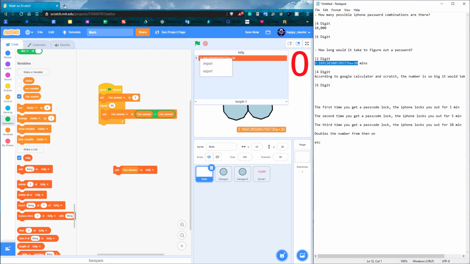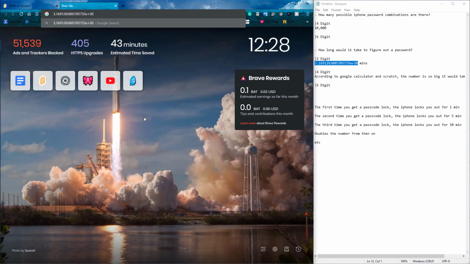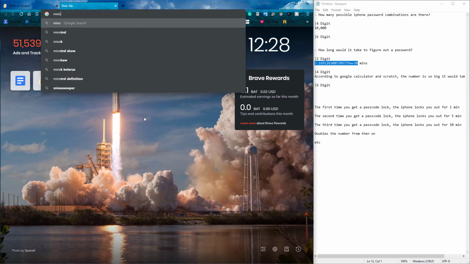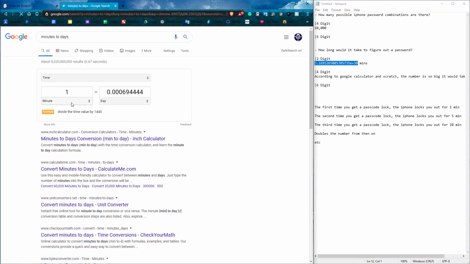But let's go over here to this. If we did minutes to days, divide the value by, sorry, 1 minute equals, so now let's put our number here, divided by 1440.